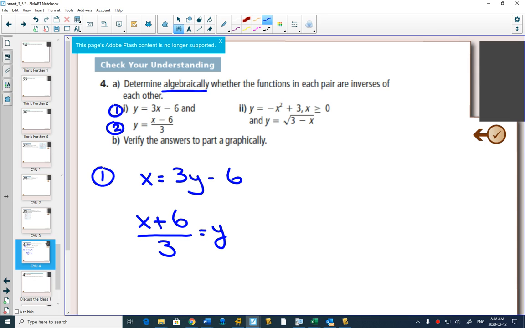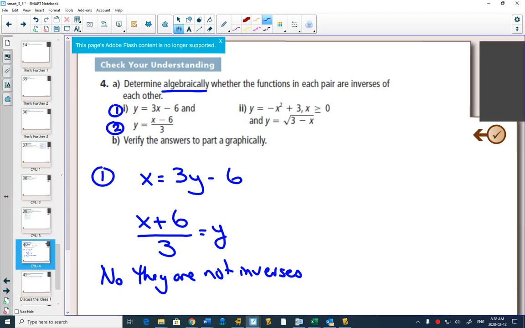And I get y plus 6 divided by 3. Does that match equation 2? No. So algebraically, we can see that they're not inverses.